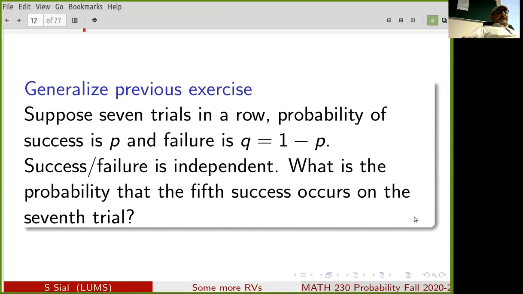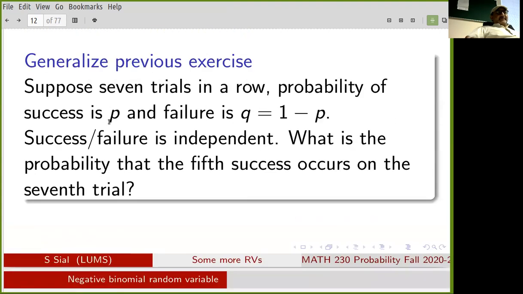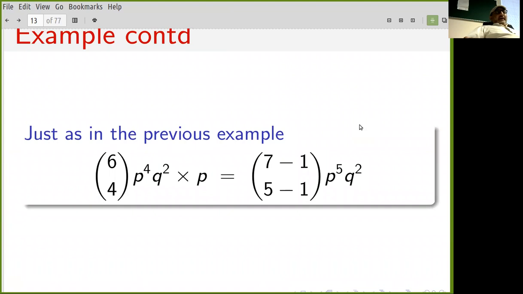Now let's just generalize. Let's say that the probability of success is P, and the probability of failure is Q, equal to 1 minus P. What's the probability that the 5th success occurs on the 7th trial? Well, as in our previous result, replace 0.8 by P and 0.2 by Q. And then you get 7 minus 1 choose 5 minus 1.